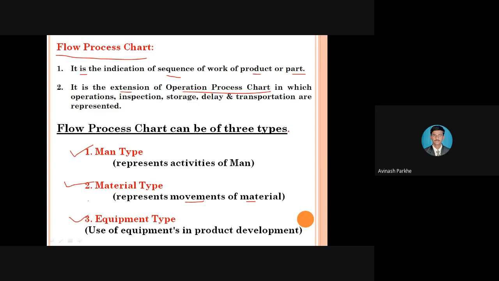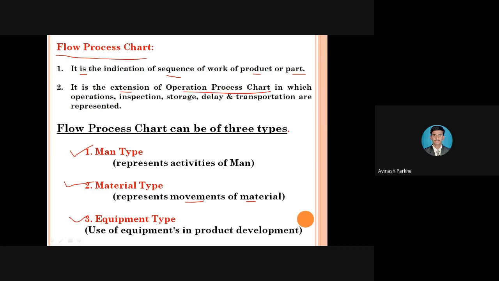Whatever activities are performed by the product while converting it from raw material to finished goods, all the activities of that material are represented by the second type, that is the material type of flow process chart. And the third one is the equipment type. Whatever number of machines or single equipment are available, whatever number of operations are performed on that material, here we need not require the movement performed by the material. We have to focus on the movements taken by that particular equipment or the machines.